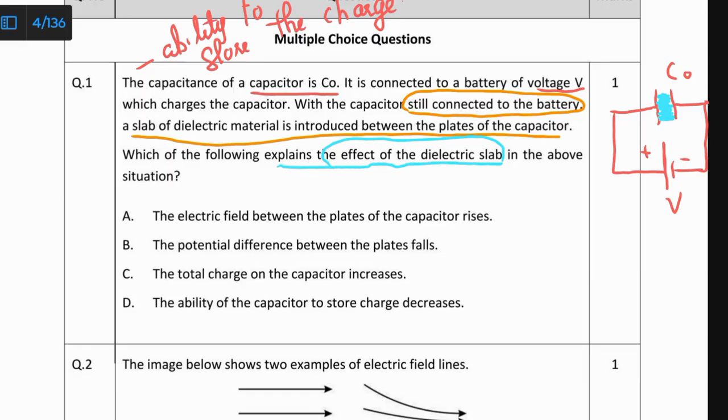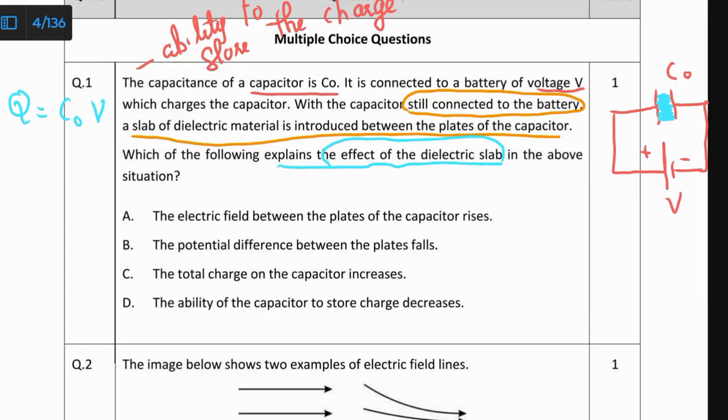So four options are given to you. We'll see one by one. Take your own time in understanding. So let's start with the basic things. You know, for a capacitor, the charge stored in the capacitor is Q equal to C naught into the potential difference. Here C naught is your initial capacitance, V is the potential difference that we have provided.